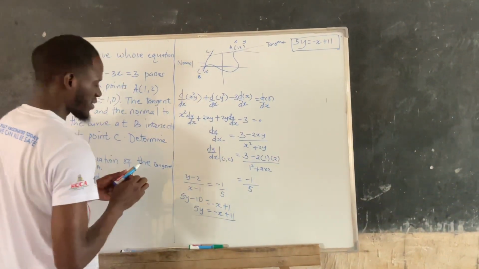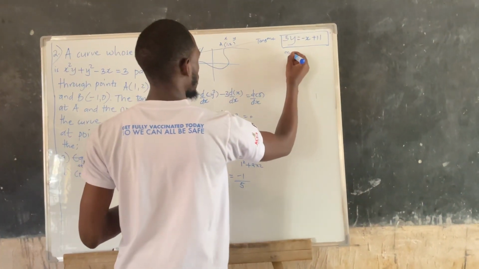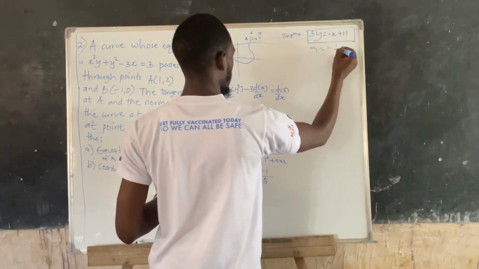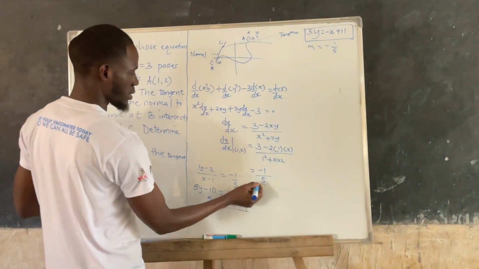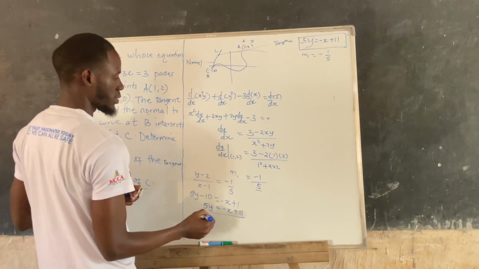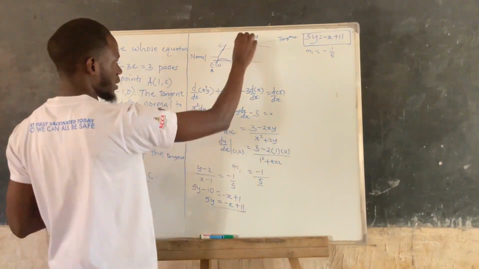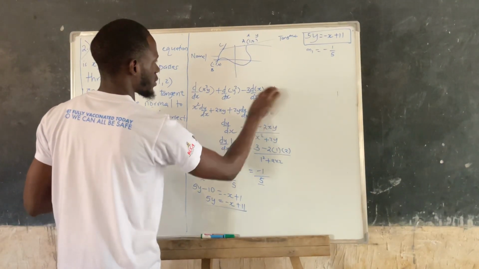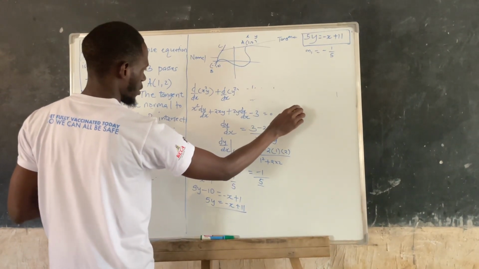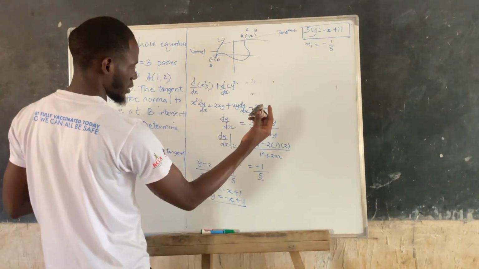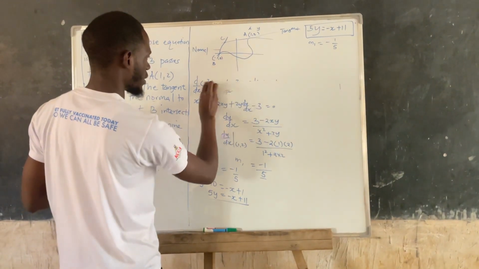From this point, we have seen that m1 is equal to negative 1 out of 5. When you look at this, this is the gradient of the tangent at A. So we need to get this has been differentiated. Okay, I've differentiated this value here.